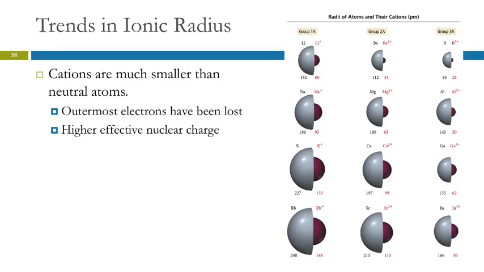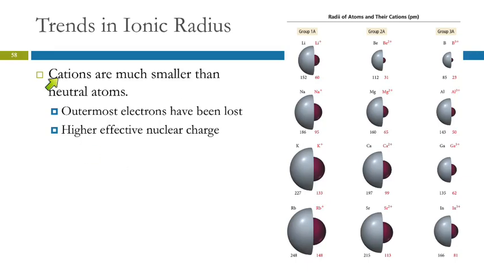Now some of those core electrons are the new valence electrons, which means that the number of core electrons has gone down, the effective nuclear charge has gone up, and so they actually get much smaller when they become cations. So here's sodium and the sodium ion, 186 down to 95 picometers. It's almost half the size.